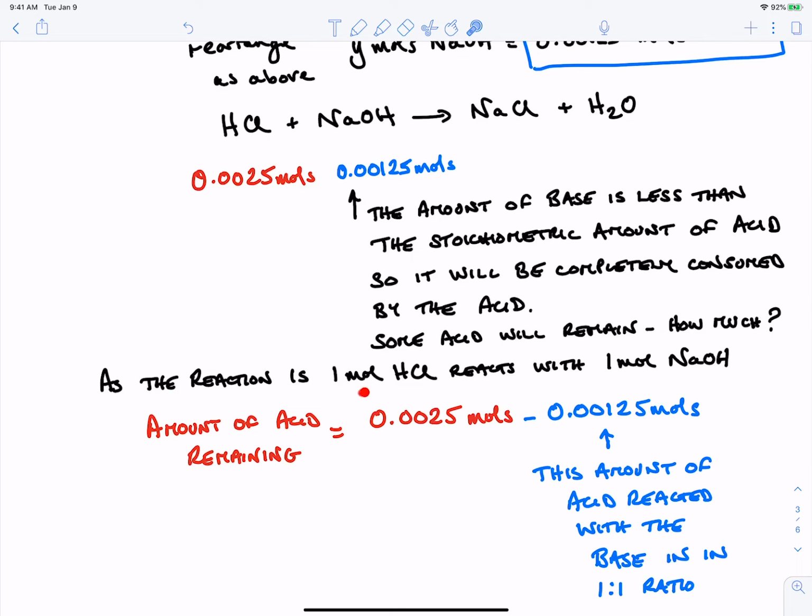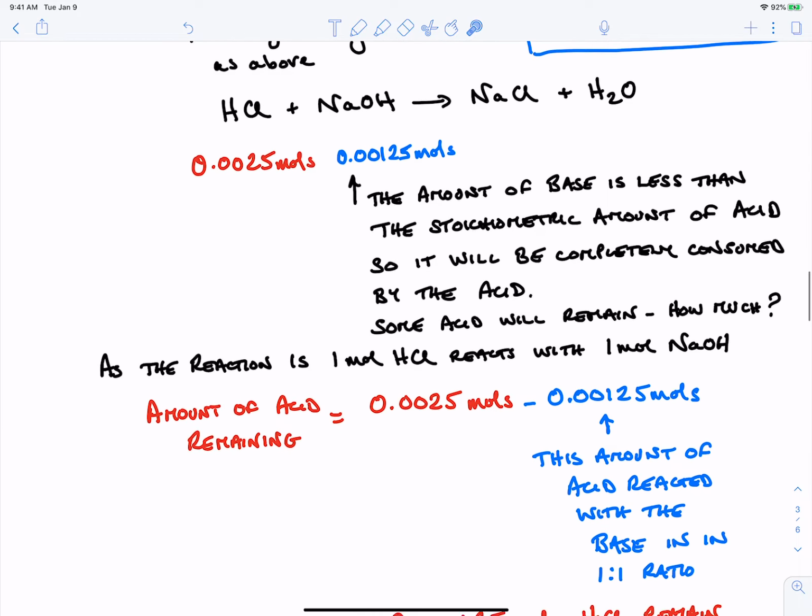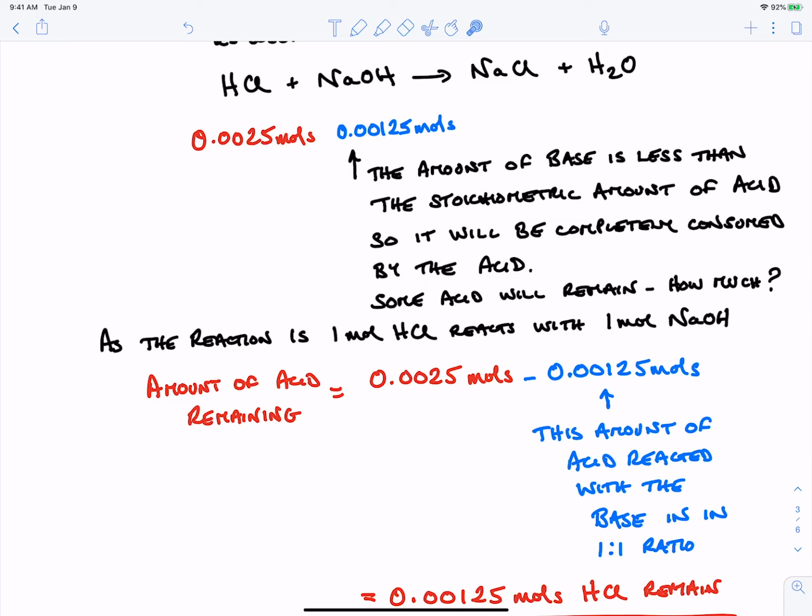As the reaction is 1 mole of HCl reacts with 1 mole of sodium hydroxide, we can say that the amount of acid that's remaining is the amount of acid that we started with, minus that which reacted with the sodium hydroxide in a 1-to-1 ratio.